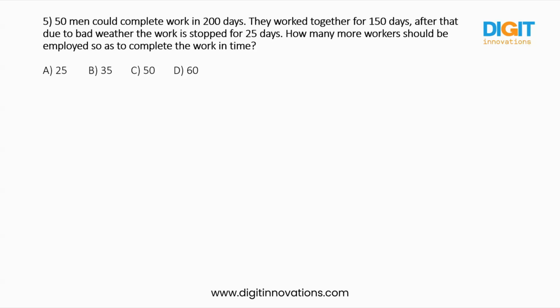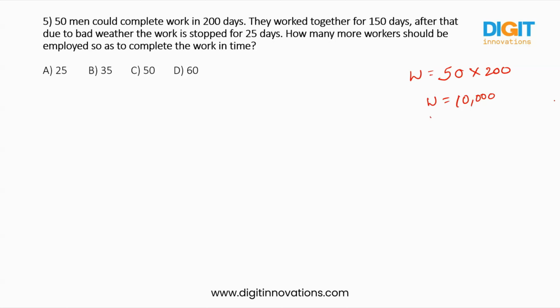First, I'll find the total work and how much work they did in 150 days. First of all, I'll find out. Okay. So total work is equal to men into days, which is 10,000.